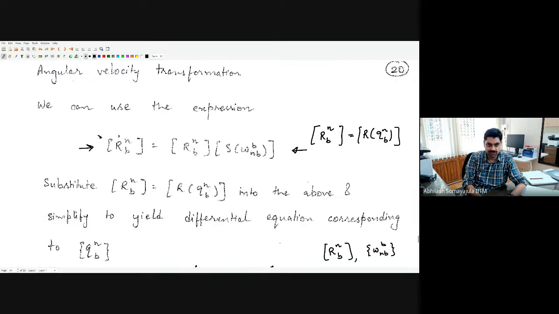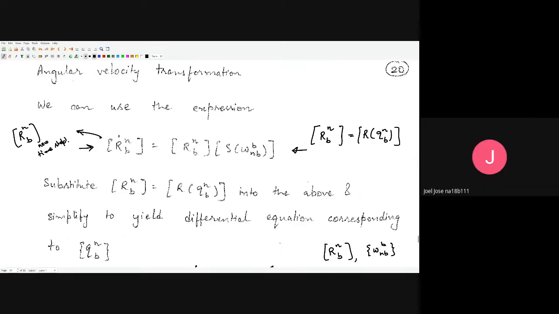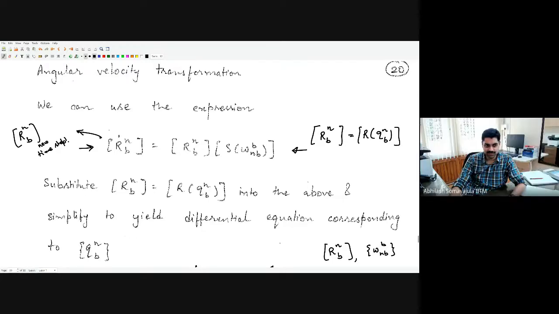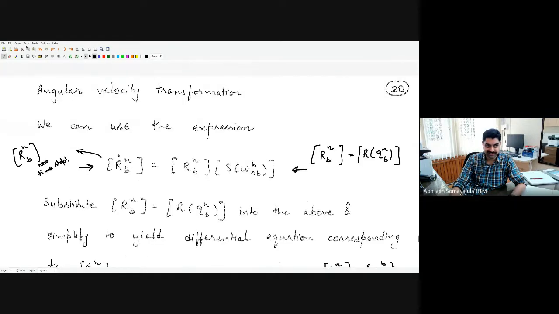So I can use this expression to calculate the R_BN at a new time step. Is that making sense for everybody? If it's not, please tell me.